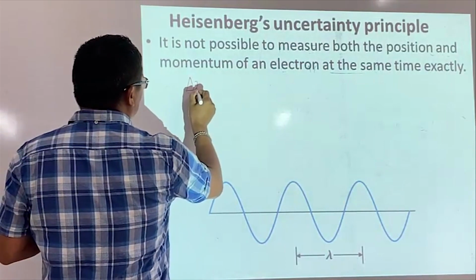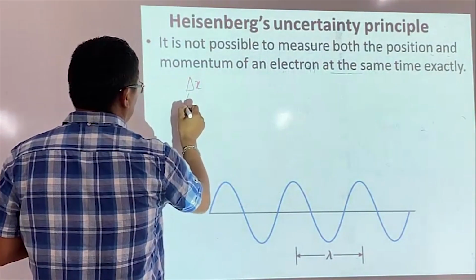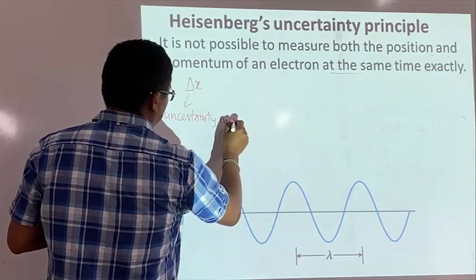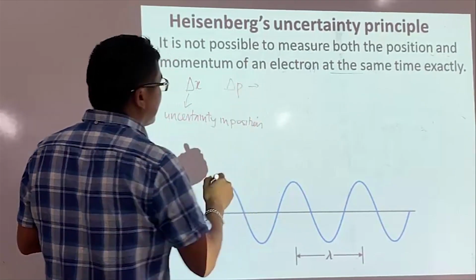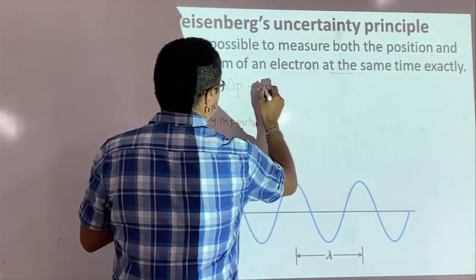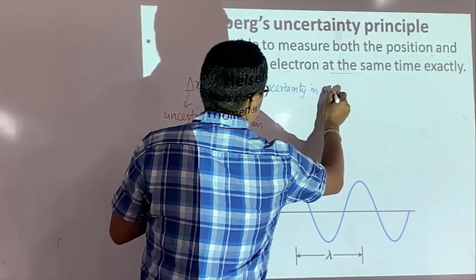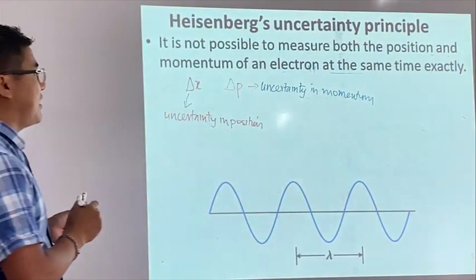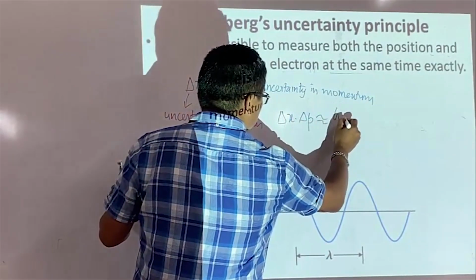And he says that delta x is what we call the uncertainty in position, and delta p is the uncertainty in momentum. He says that these two uncertainties are of the order of h by 2 pi.